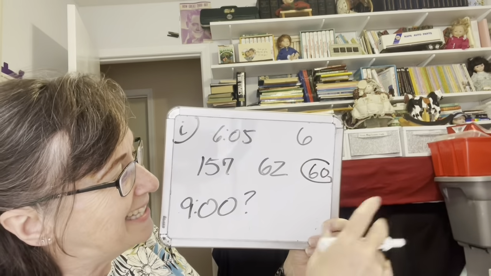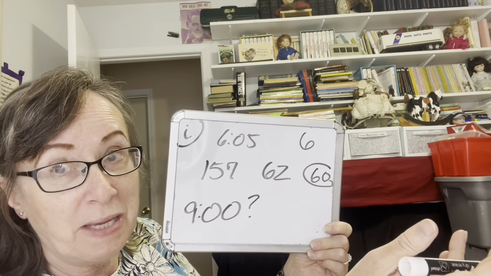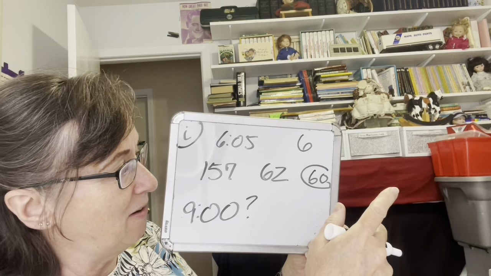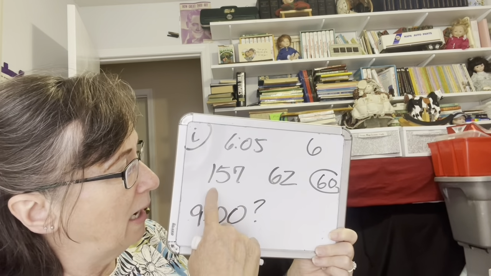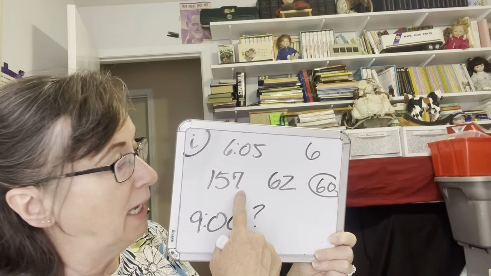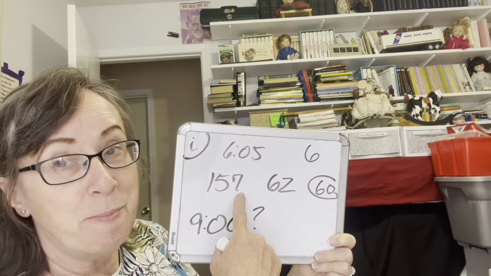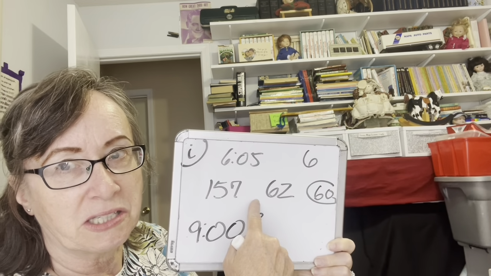Okay, 60 miles an hour is a mile a minute because there's 60 minutes in an hour. So he's going about a mile a minute. So 157 miles is going to be 157 minutes. Okay, we could make that 160.